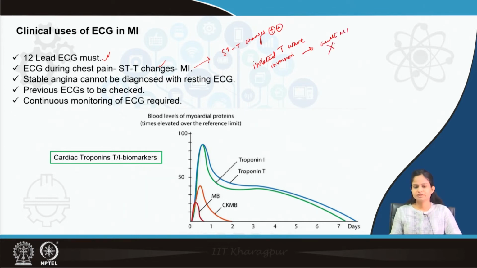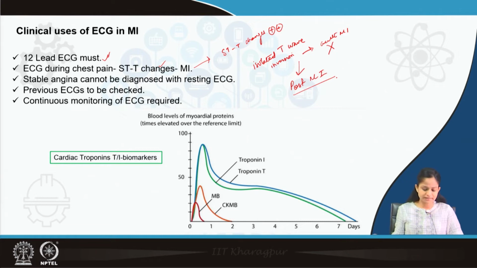Isolated T wave inversion generally means post myocardial infarction, that means the ECG recording has been done after the myocardial injury.